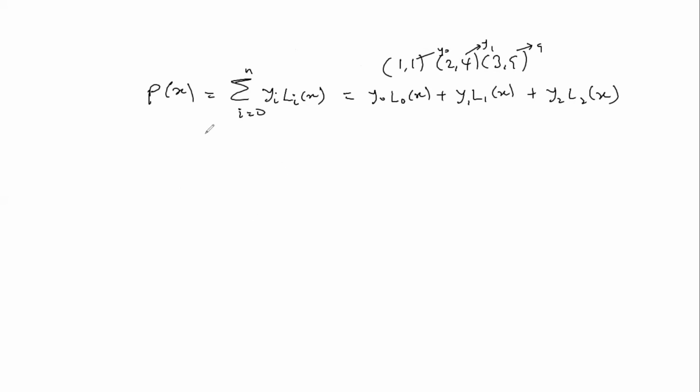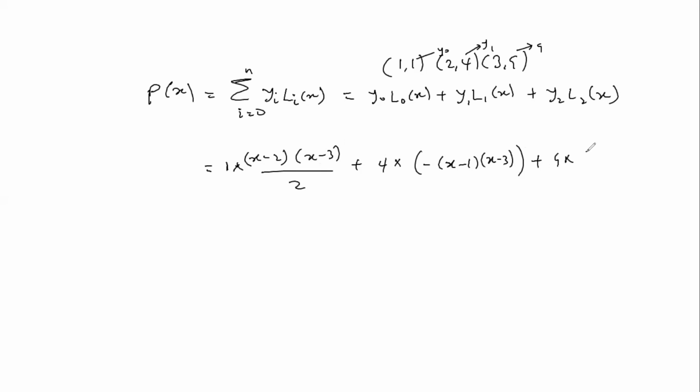So once we plug that into this, we'll now have P of x to be the same as 1 times L naught of x, which was derived, which is x minus 2 times x minus 3 over 2, plus y1, which is 4 times minus x minus 1, x minus 3, plus y2, which is 9 times x minus 1 times x minus 2, which will give us over 2.